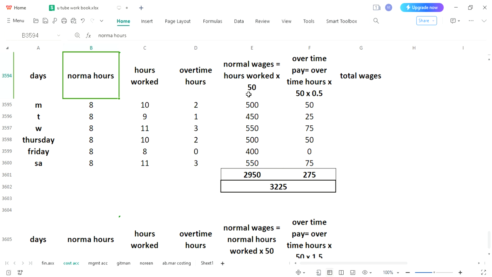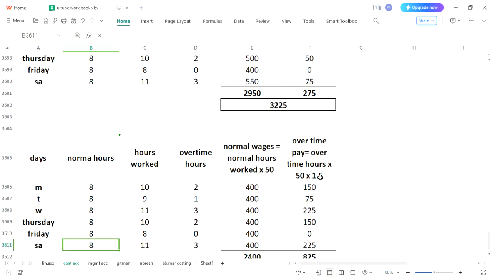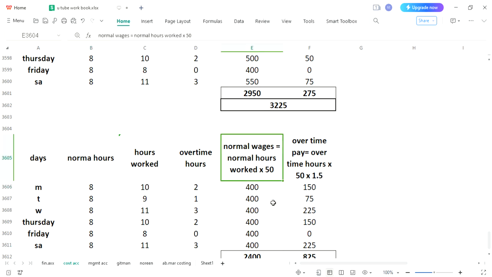So one part was paid as normal and the additional half part of overtime was paid separately. This is the first method. Instead of doing this, just separate normal hours and overtime hours completely. Normal hours were 8, paid in this way, and overtime payment according to the question was to be paid time plus half, 1.5. So in this way you can complete your question in two different ways. Whatever method you want, you can choose it.